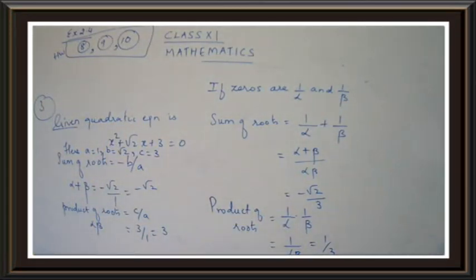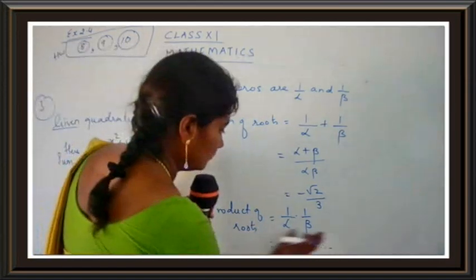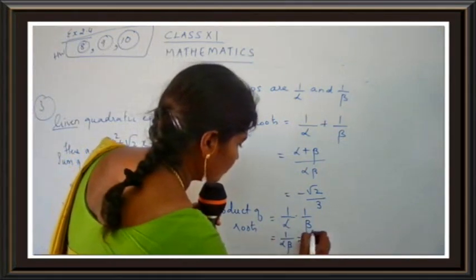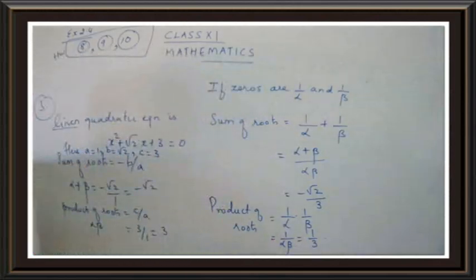So minus root 2 upon 3, and 1 by 3. So we have found the product of roots and we have found the sum of roots.